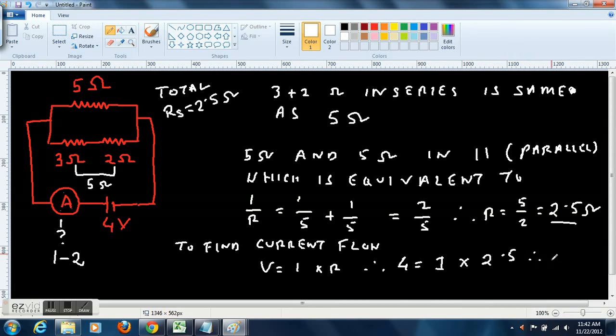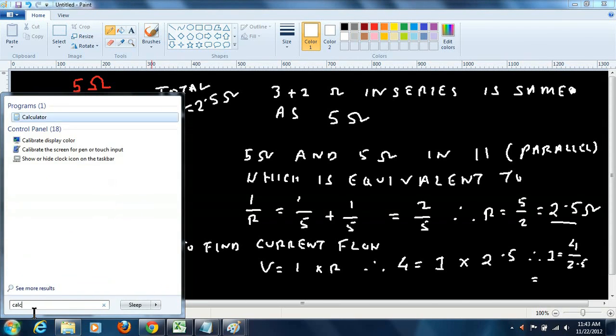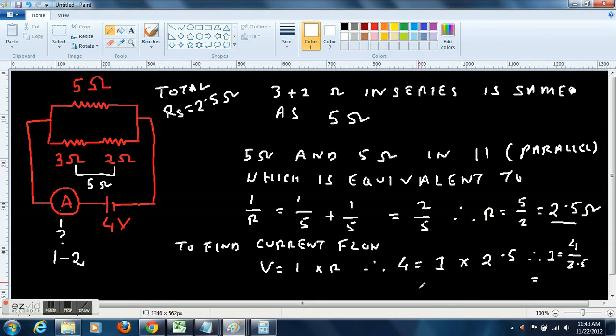Therefore I equal to 4 by 2.5. Now 4 by 2.5 is coming to 1.6 ampere. So current flowing through the circuit is 1.6 ampere.